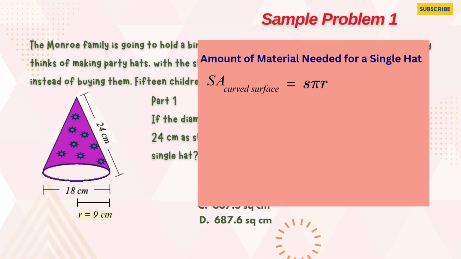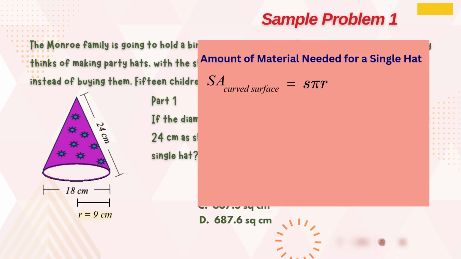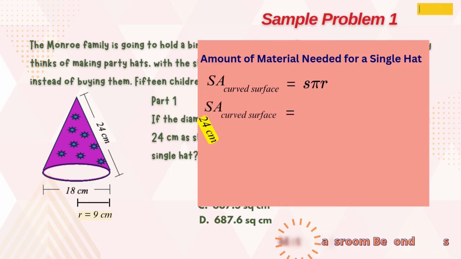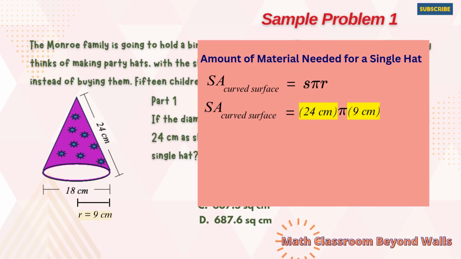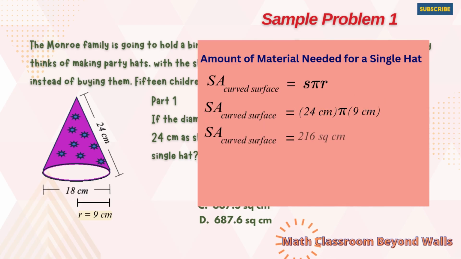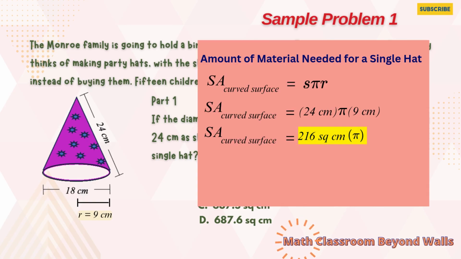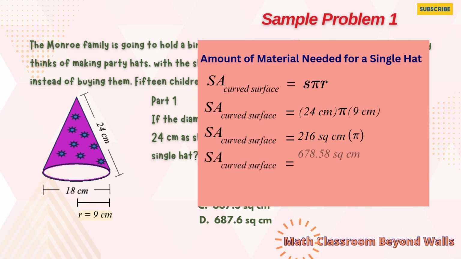Now, we can solve for the amount of material needed for a single hat. Plugging in the values, we have multiplying 24 centimeters and 9 centimeters gives us 216 square centimeters. Multiplying 216 square centimeters to pi gives us 678.58 square centimeters.